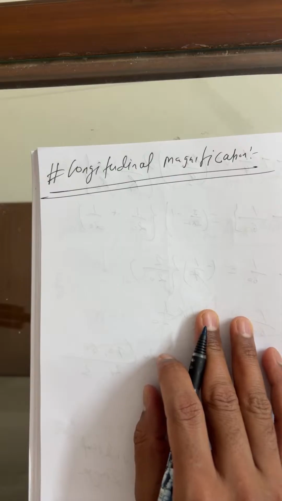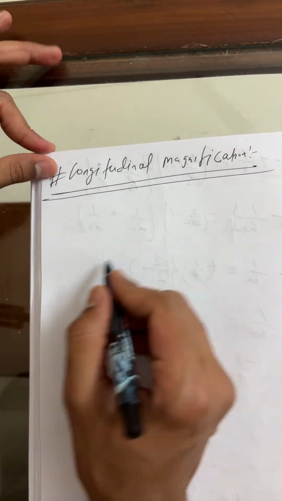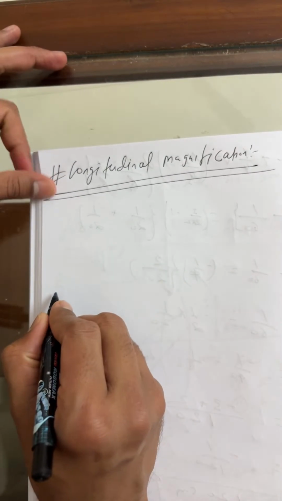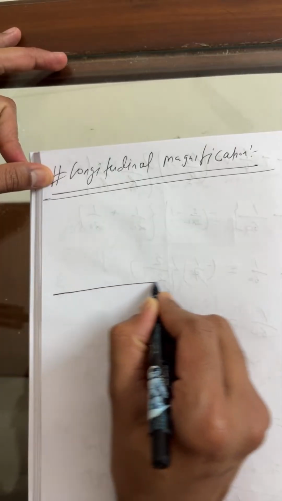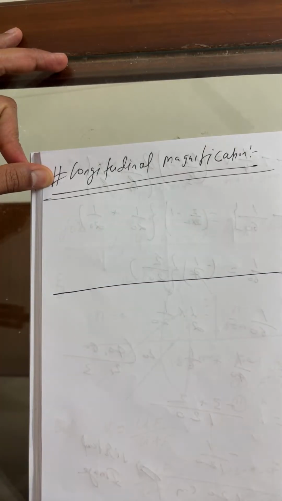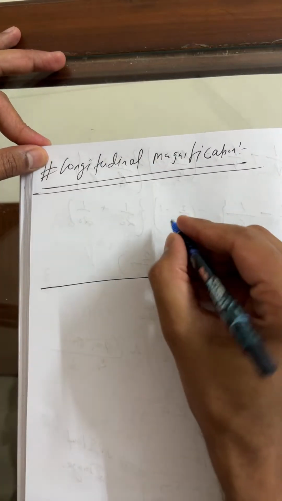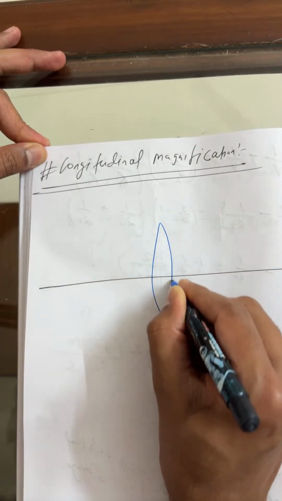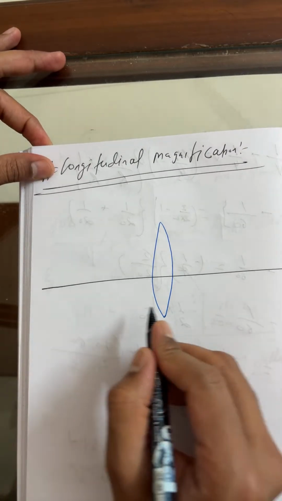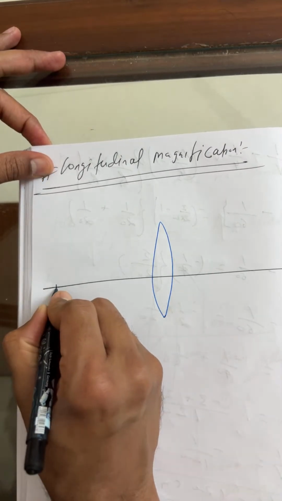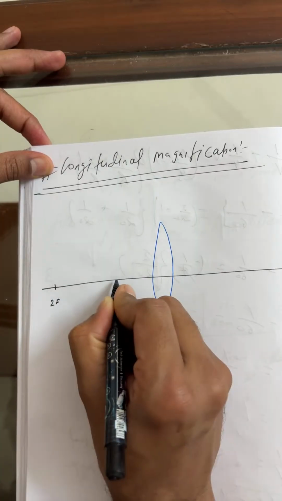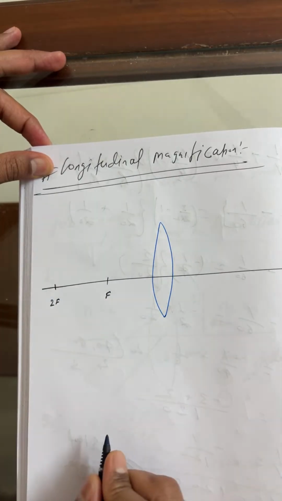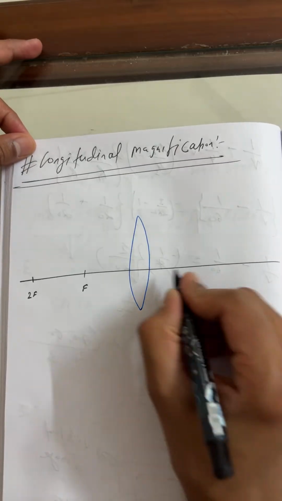For longitudinal magnification, just go through this little point here. Let us say, students, I'm considering this as the principal axis. Now, students, this is a convex lens. Here I'm placing the object in between the center of curvature and the focus.